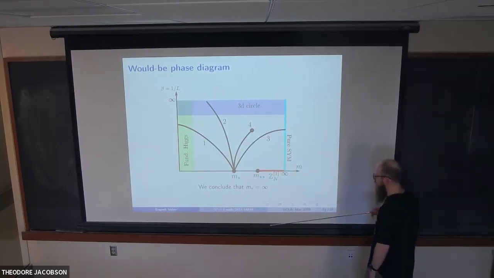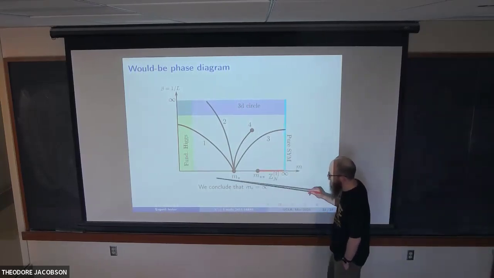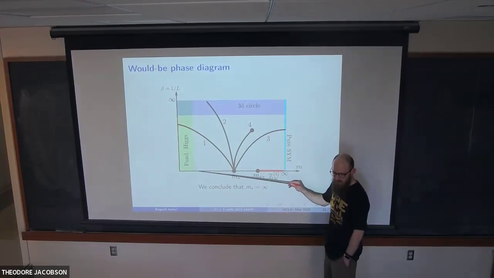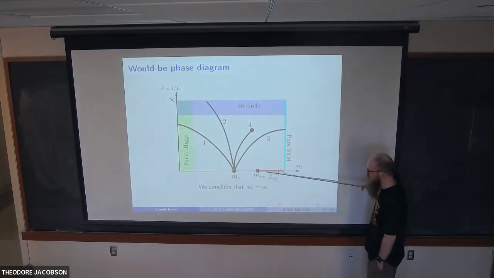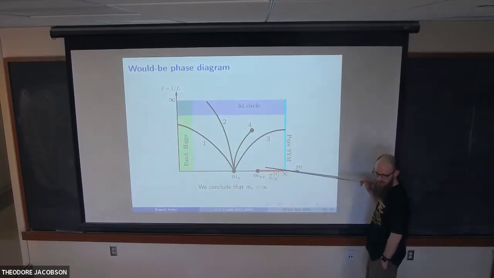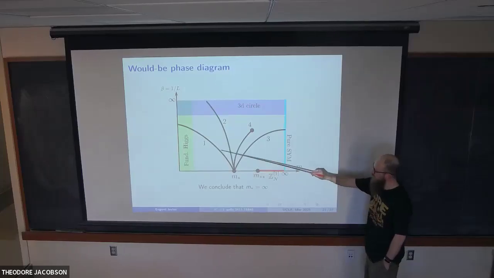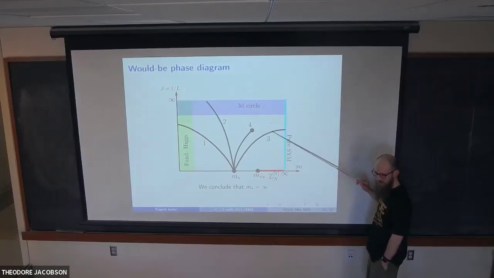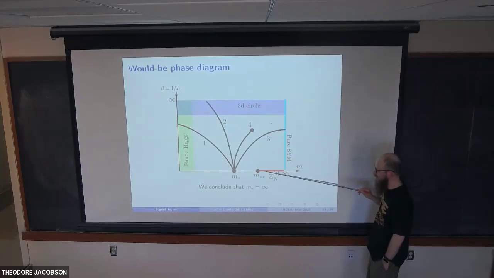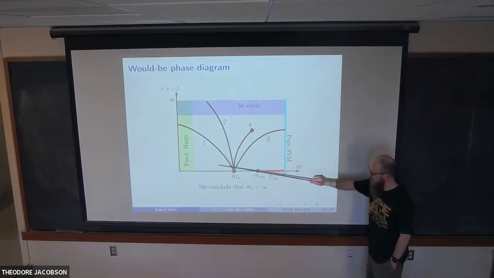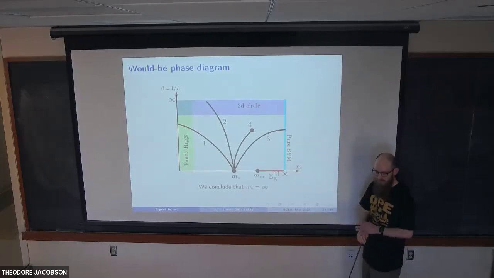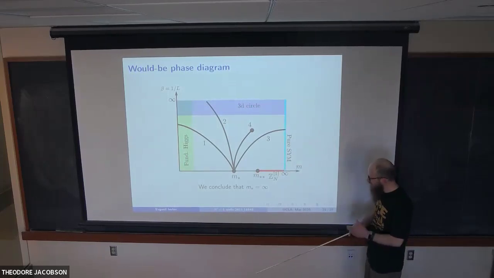Can you elaborate? Yeah. So the domain walls are locally distinguishable here, but not locally distinguishable here. So when you take this path, somehow you must interpolate between these two very different regimes. How can it happen?